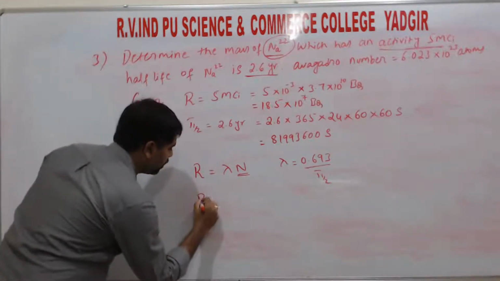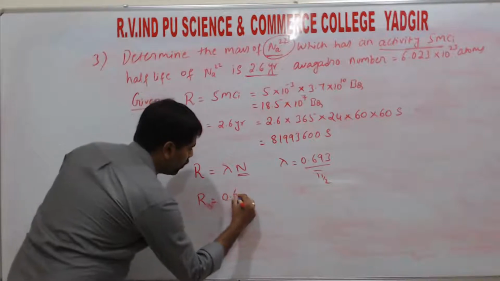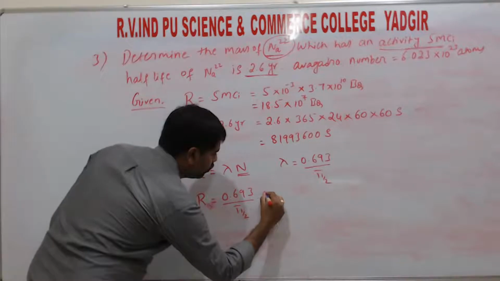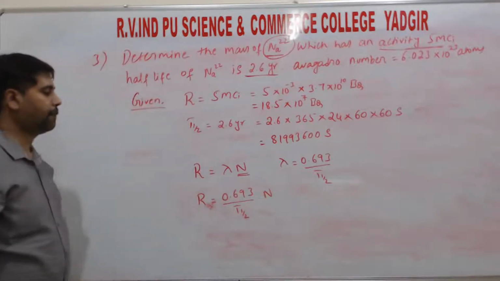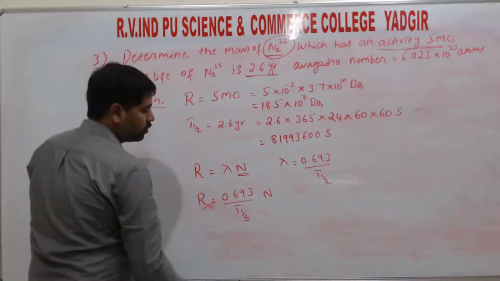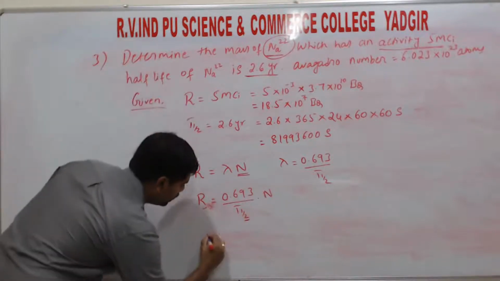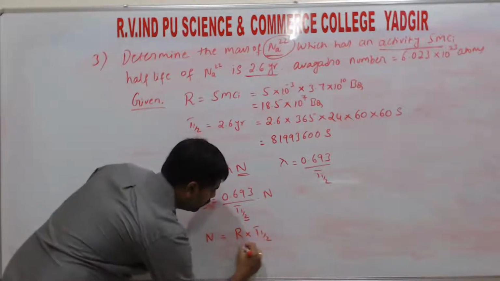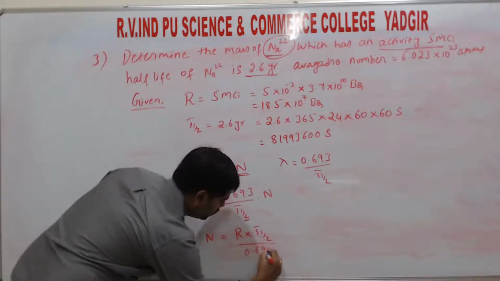Now substituting, R is equal to 0.693 divided by T half into N, right? So we know the R value and we know T half, so N is equal to R into T half divided by 0.693.